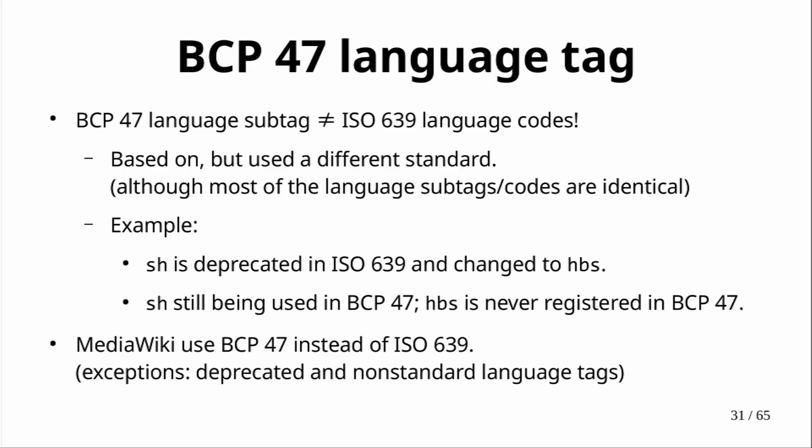But as we mentioned before, before you request a new BCP 47 language subtag, you have to make it exist in ISO 639 first. So most of them were identical.